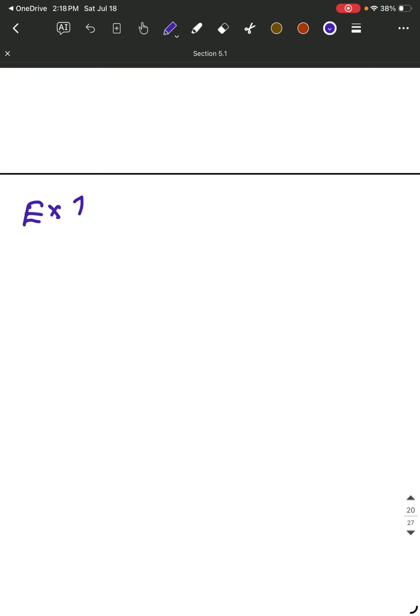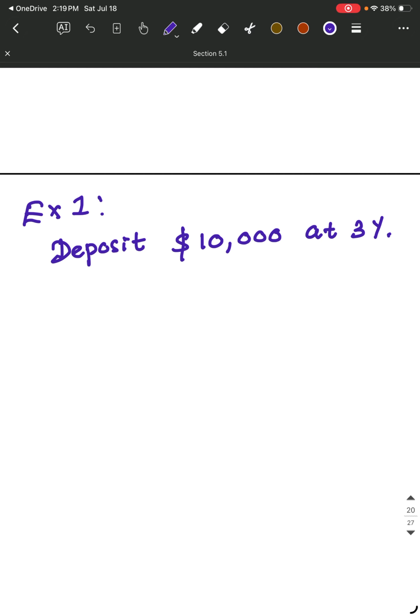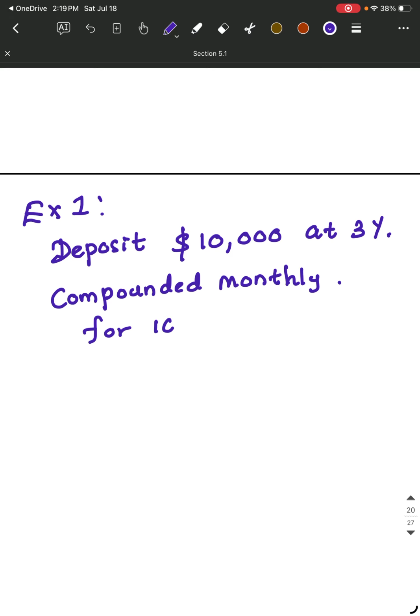Example 1, compound interest. You deposit $10,000 at 3% annual interest compounded monthly for 10 years.